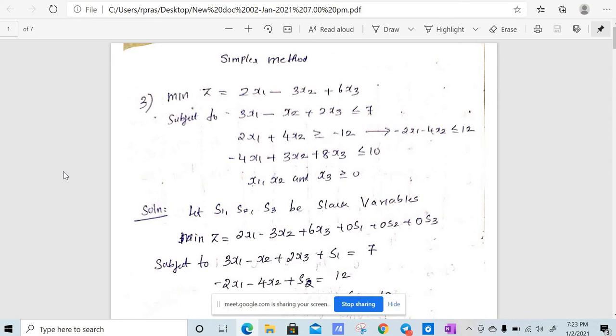We will do one minimization problem with the simplex method, and then we'll move on to the big M method.